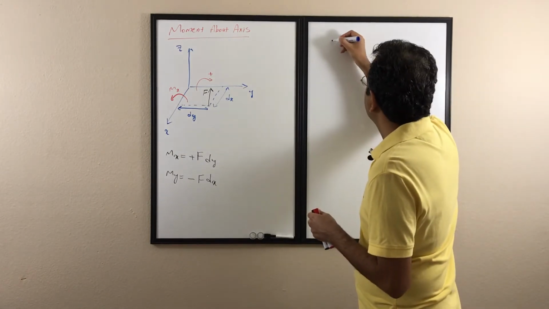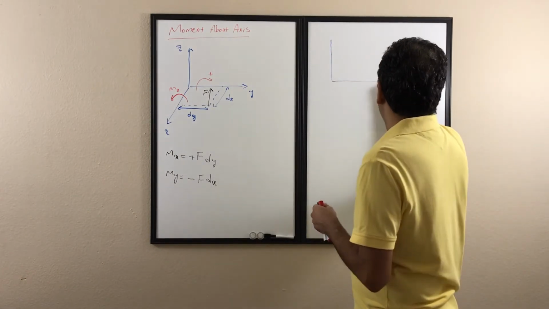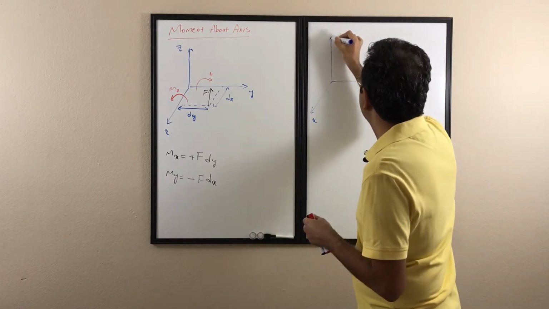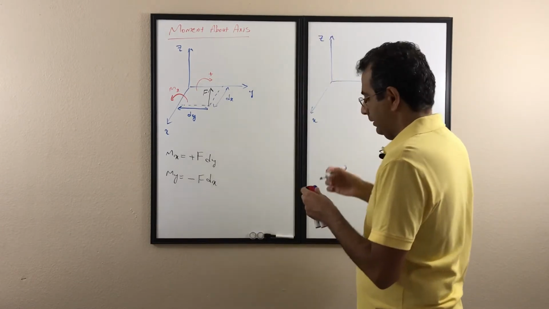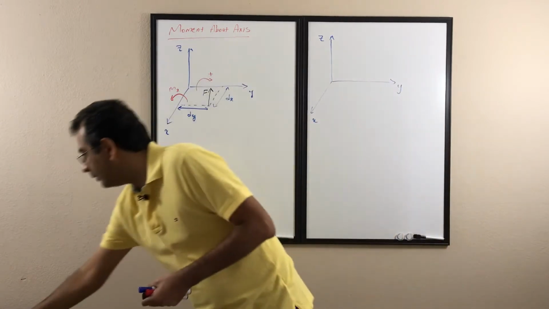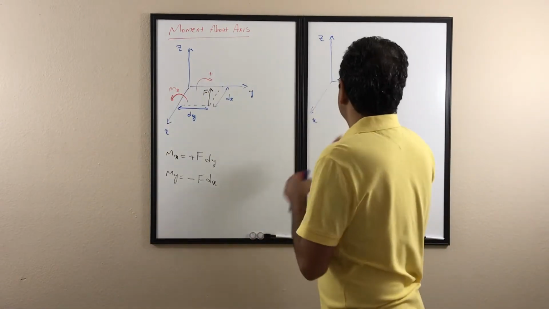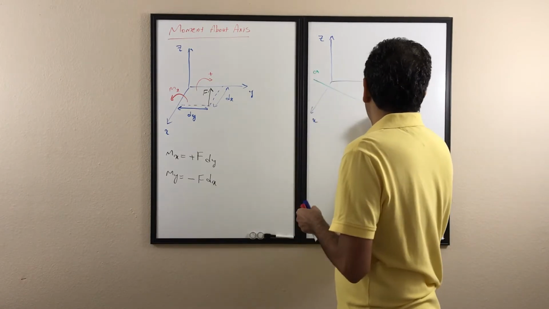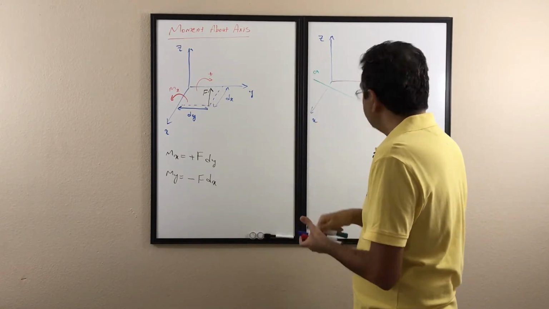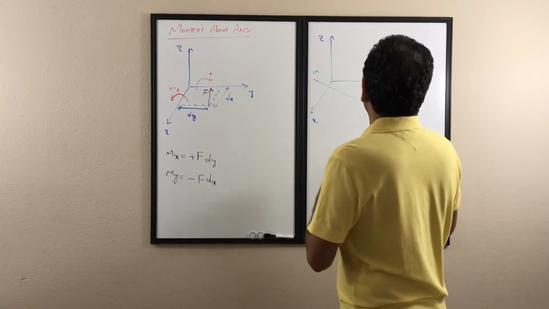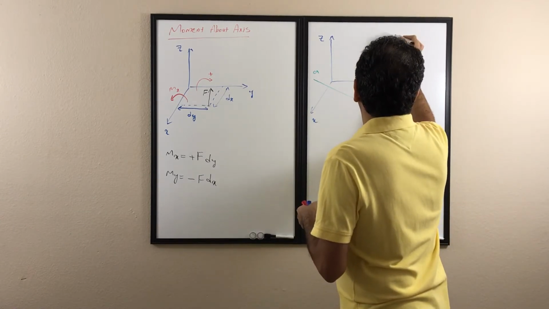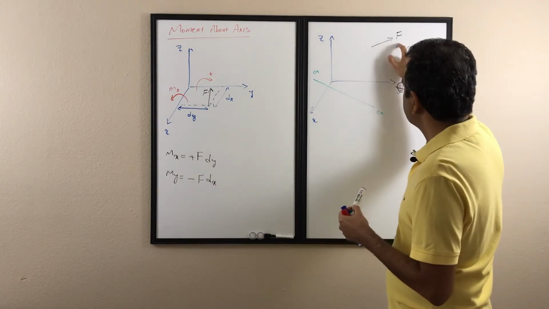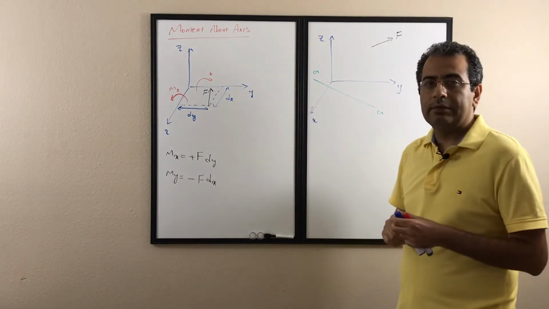For example, we have x, y, and z axes, and then we have an axis, which we call a, and then we have the force F, and we want to find the moment of that force about that axis.